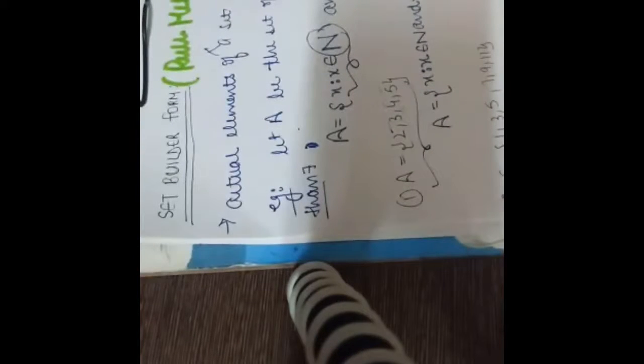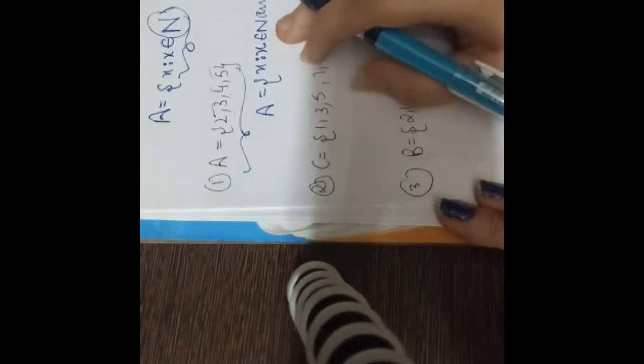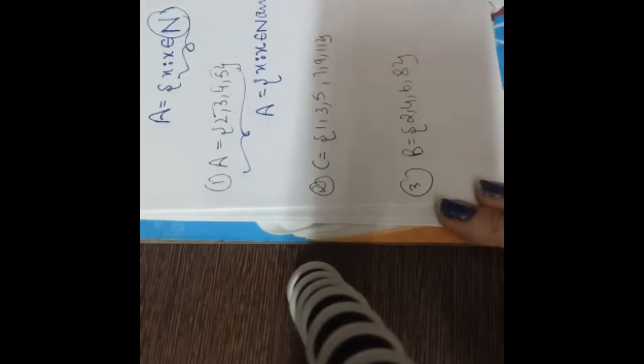Now this sign stands for greater than or equal to. When you have to write greater than or equal to, what sign are you going to write? You're going to write this sign. If you're going to write greater than, then which sign are you going to write? This sign, correct?